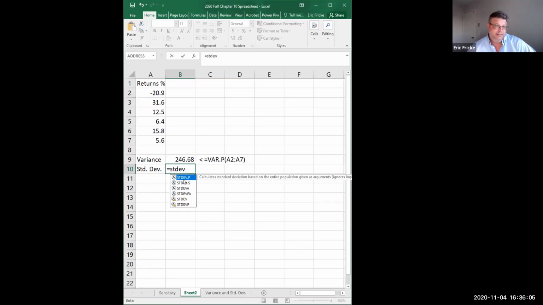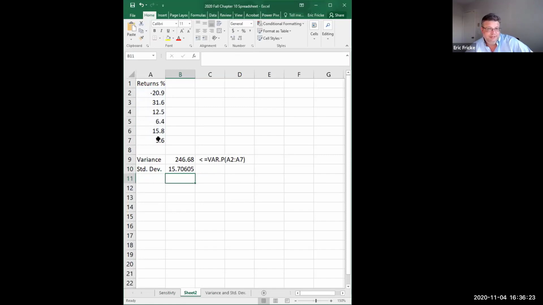Okay, and so it's STDEV.P, and the .P just stands for population there. And it's the same thing. You just do your open parenthesis, and you go ahead and select your sample range or population range. And I think that is, yeah, we got 15.71% doing it the other way. And so that's the same as what we got before on the slide. And here's the formula.